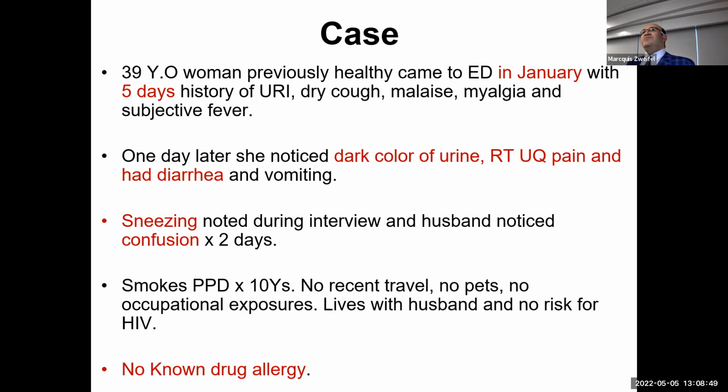Sneezing was noted during the interview in the emergency department, and her husband noticed confusion for the last 2 days. She smokes a pack a day for 10 years, so 10 pack year history, no recent travel, no pets, no occupational exposure, lives with her husband, no risk for HIV, no known drug allergy.